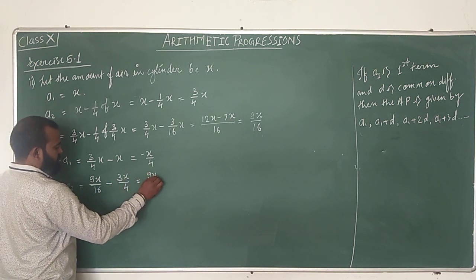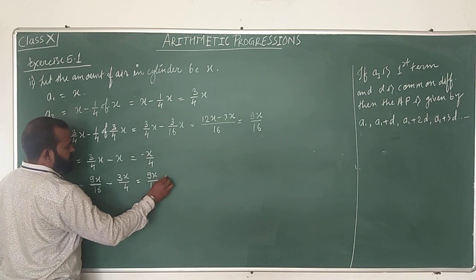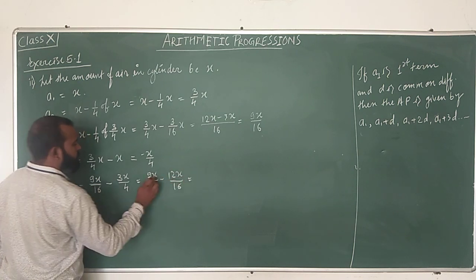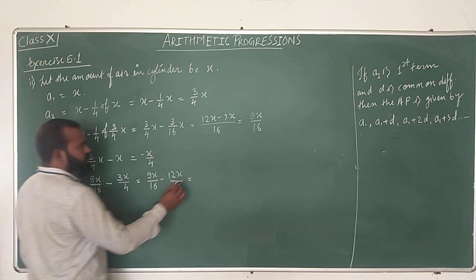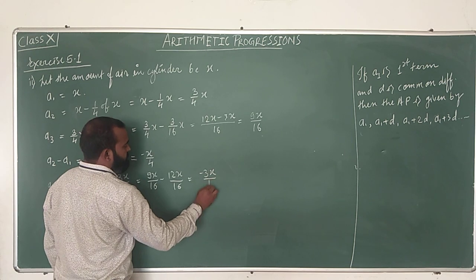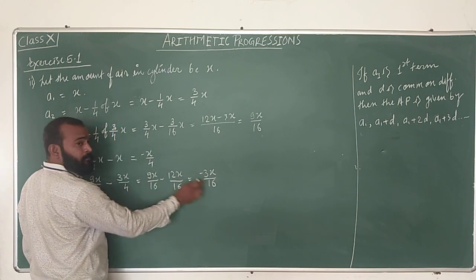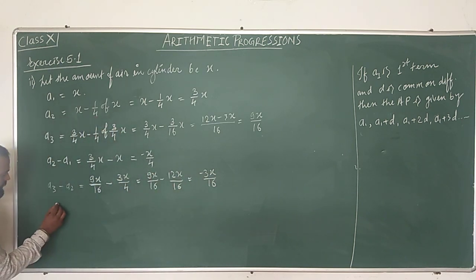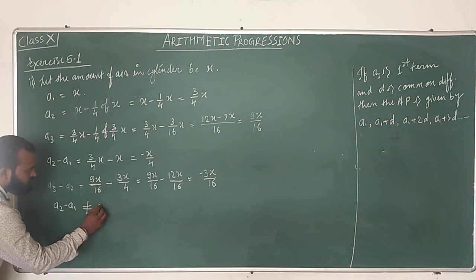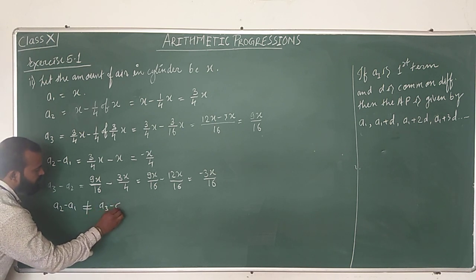That is 9x by 16 minus 12x by 16. 9 minus 12 is 3. That is minus 3x by 16. Both are same? No. So we can write here as A2 minus A1 is not equal to A3 minus A2.